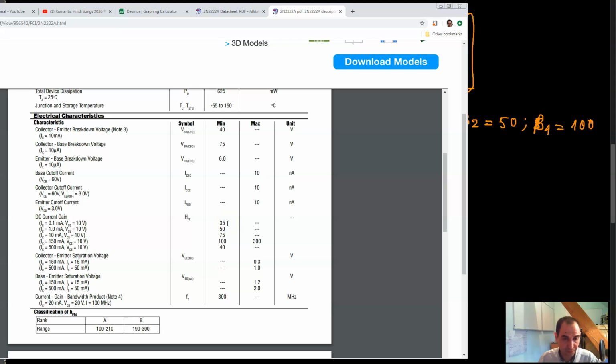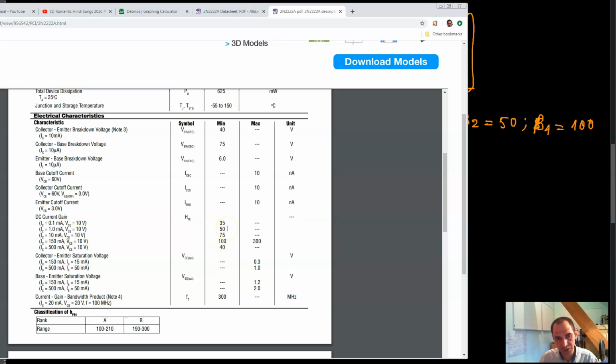And if you decrease this current to 1 milliamp and keep the same voltage, then your beta goes to 50, and so on and so forth.